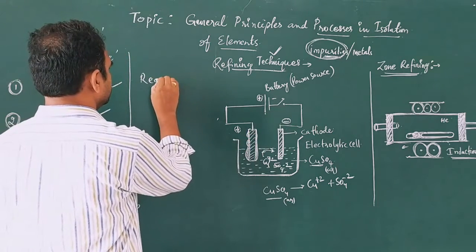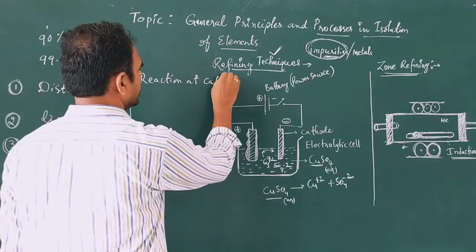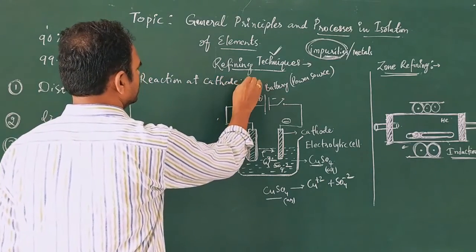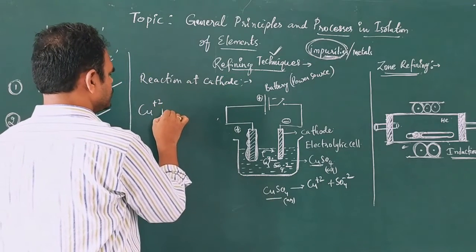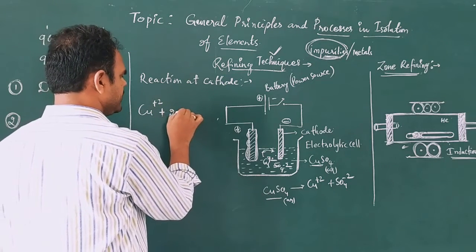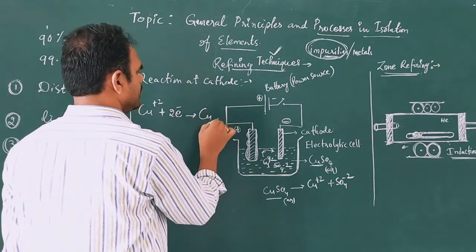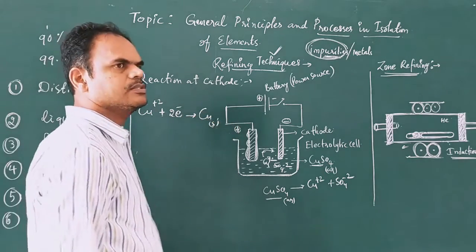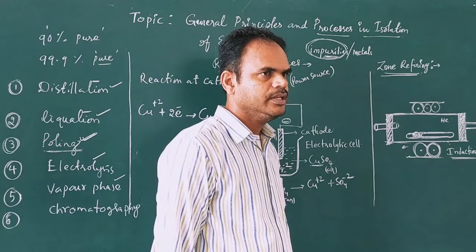Now the reaction at the cathode: Cu2+ ions move to the cathode, gaining 2 electrons, and become Cu. So copper ions are reduced into the metal.